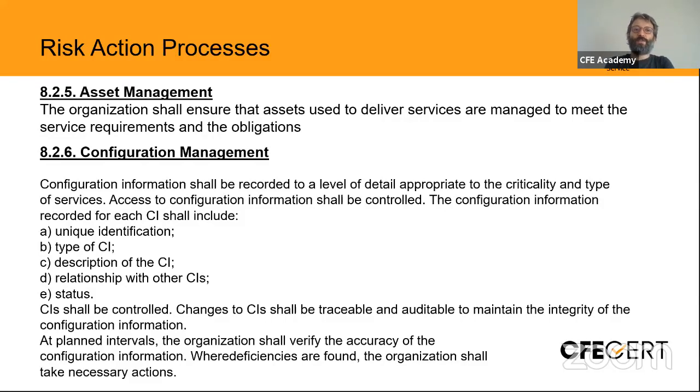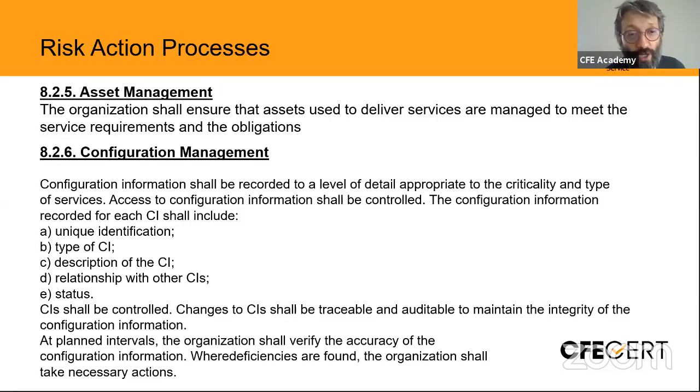So for configuration management, the organization has to ensure that all the assets used to deliver services are managed. You know your assets, and after that, you have to be sure about how these assets are going to be managed by change management to keep all the attributes live and accurate.